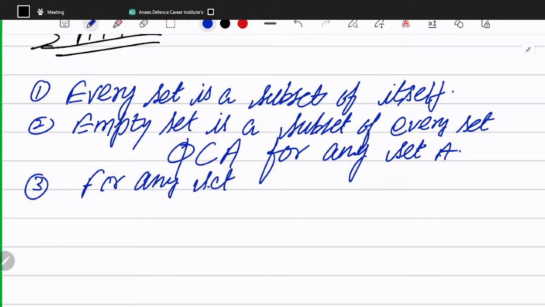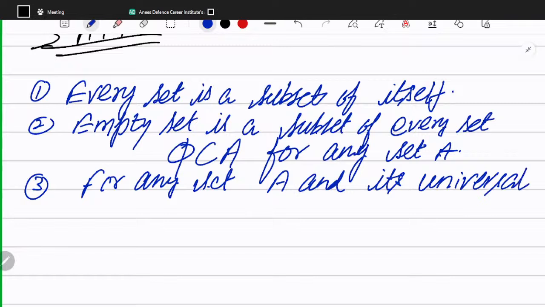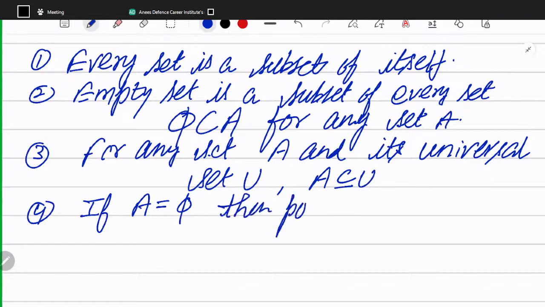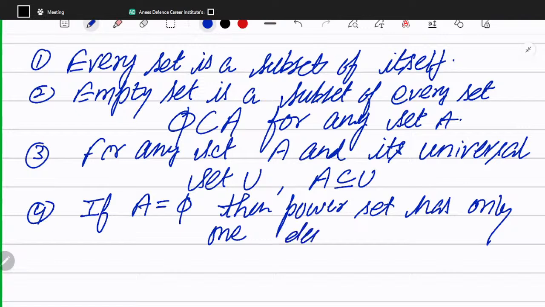For any set capital A and its universal set, A is a subset of U. If A is equal to phi, then power set has only one element.